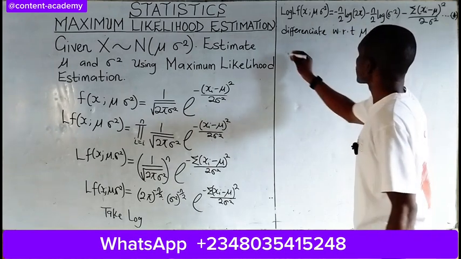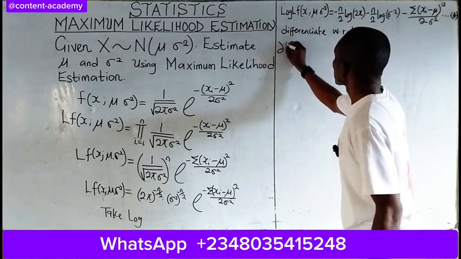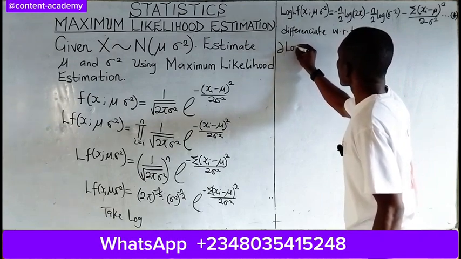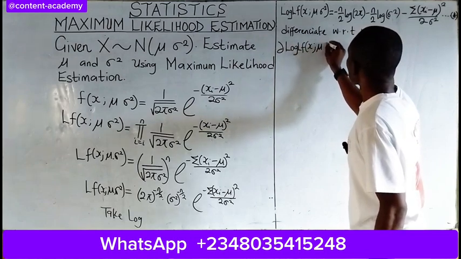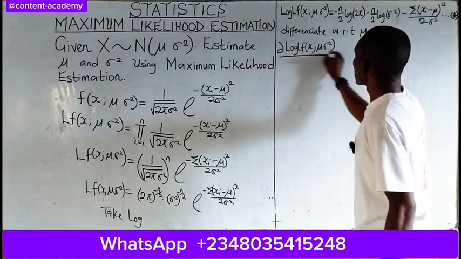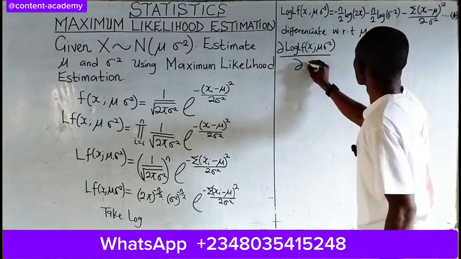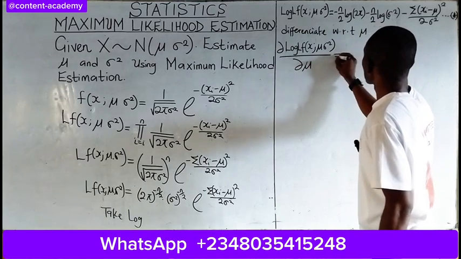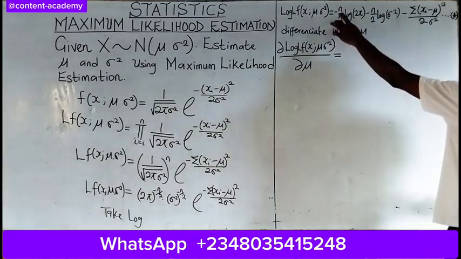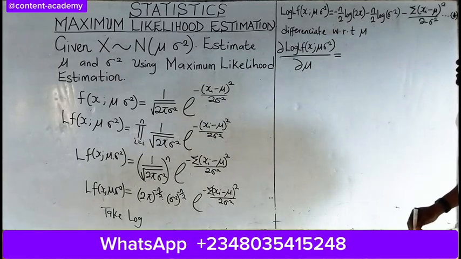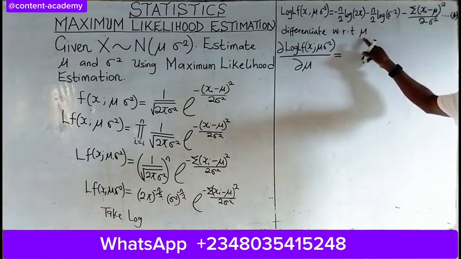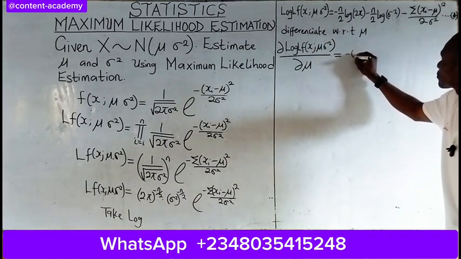When we differentiate the log likelihood with respect to mu, we notice that there is no mu in this first term, so this turns to 0.